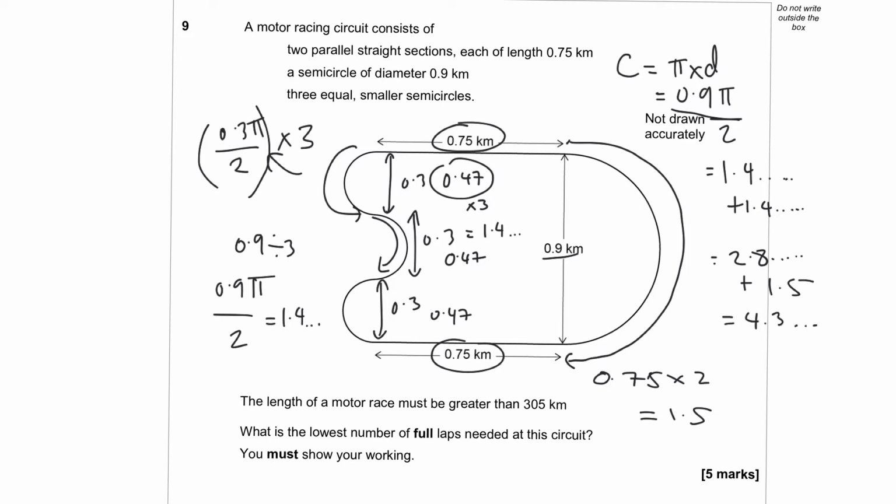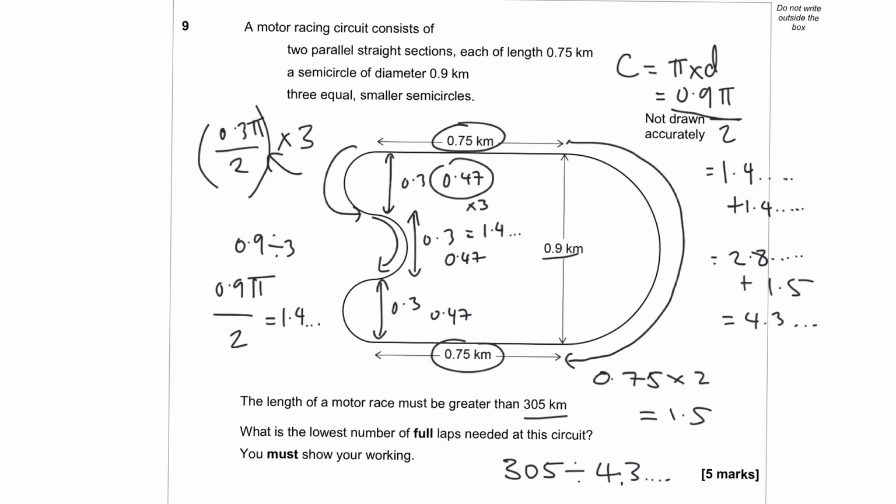Now, it says the length of the motor race must be greater than 305 kilometers, and it wants us to work out the lowest number of full laps needed. So we do 305, the total length of the race, divided by the length of the circuit, which is 4.3.